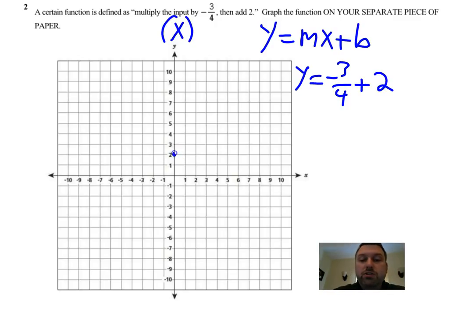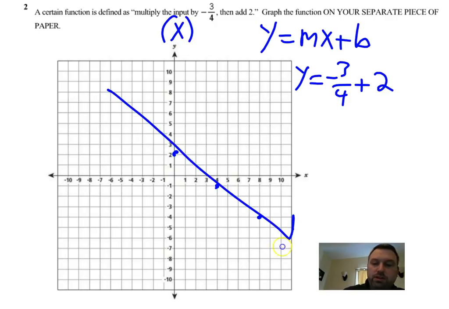So start at 2 on the y-axis, down 3, then 4 to the right. Mine's a little off, but you had a ruler, so yours shouldn't be. It looks like that.